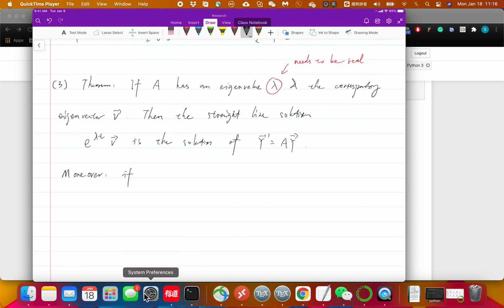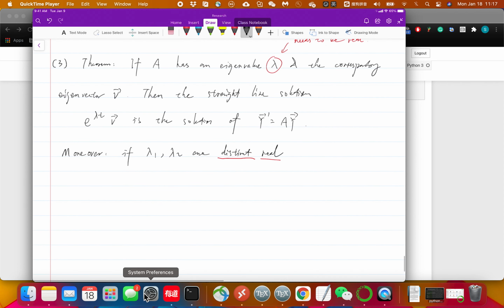In order to write down the general solution, you need to make sure that you have two linearly independent straight line solutions. So if λ1 and λ2 are distinct, real, pay attention, it has to be distinct. It has to be real. If it's complex, fail. If you have two eigenvectors but they are the same, fail.